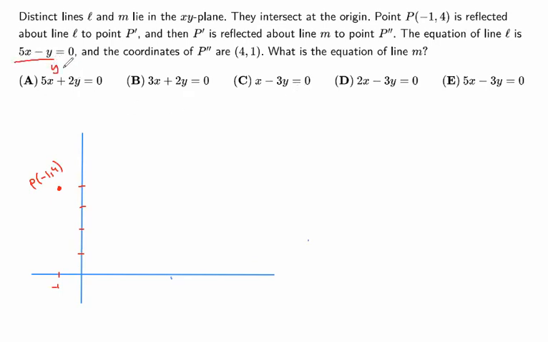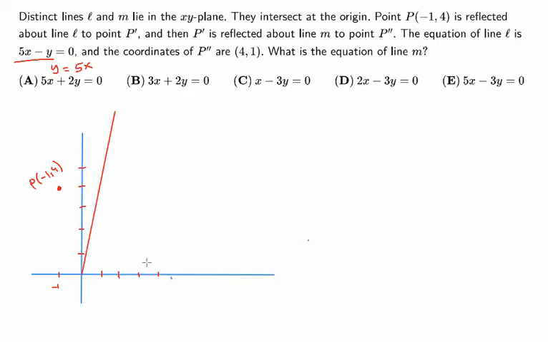So we can pull y alone, which will be 5x, meaning that the slope of this line is 5. If I just choose x is 1, the y will be 5, so it will be something right there. 1, 2, 3, and 4. So if I want to draw that line, it will be something like this.